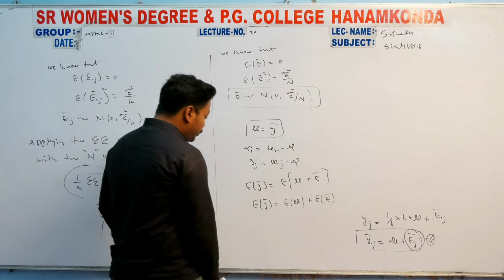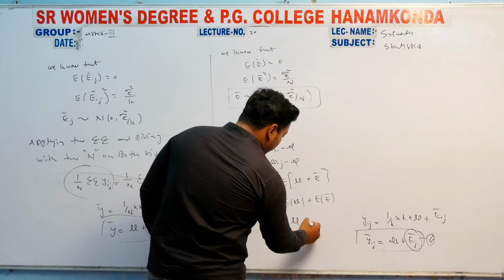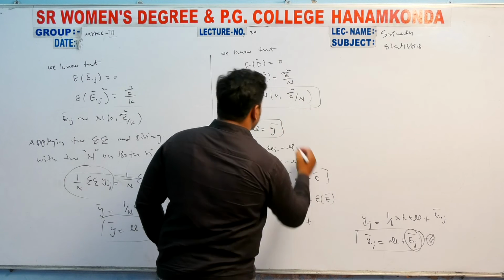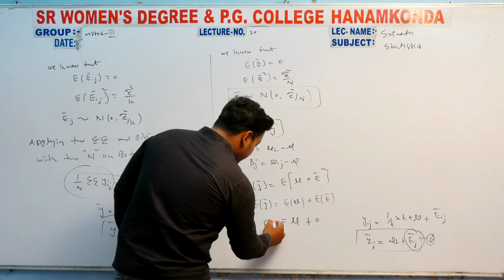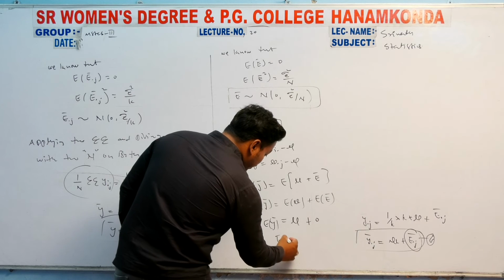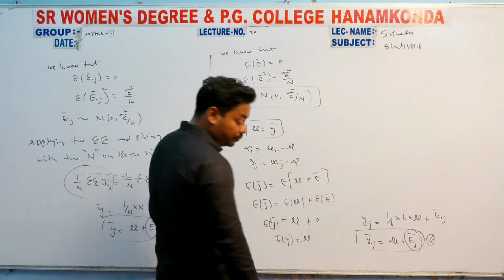Expectation of mu is mu and expectation of E bar is 0. So finally expectation of y bar is equal to mu.